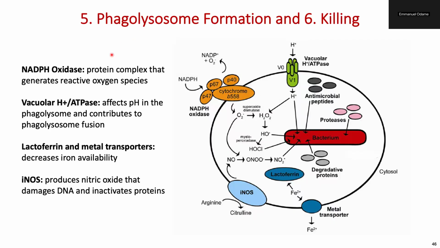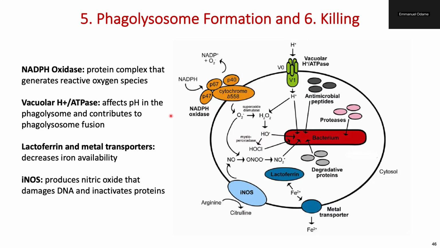The first one is NADPH oxidase, a protein complex that generates reactive oxygen species. This we discuss mostly in our class. NADPH is oxidized, releasing NADP and oxygen. The oxygen moves into the cell to form superoxide and hydrogen peroxide, which is further broken down into HOCl, and then this goes in and destroys the whole cell wall of the bacteria.